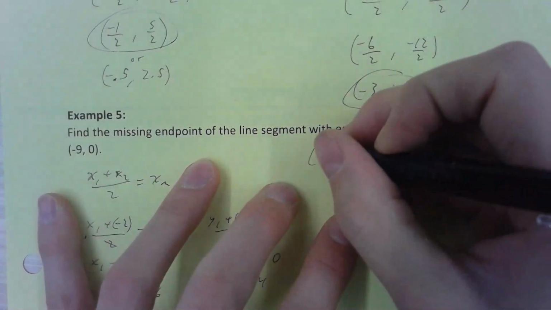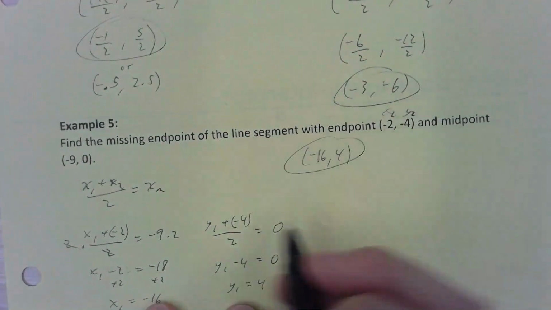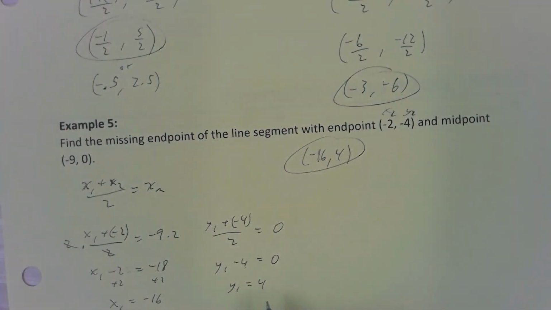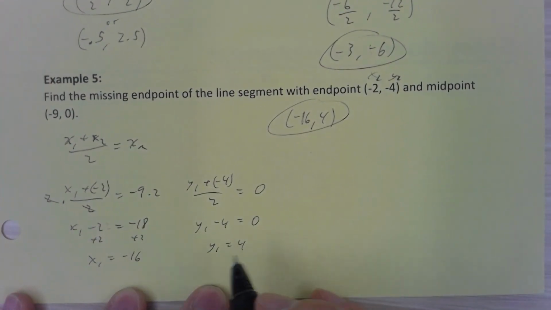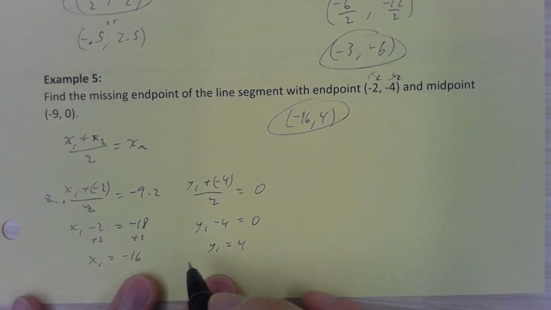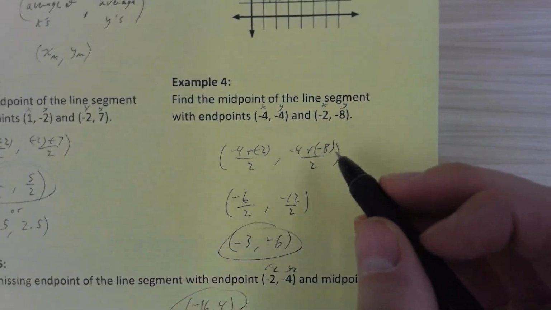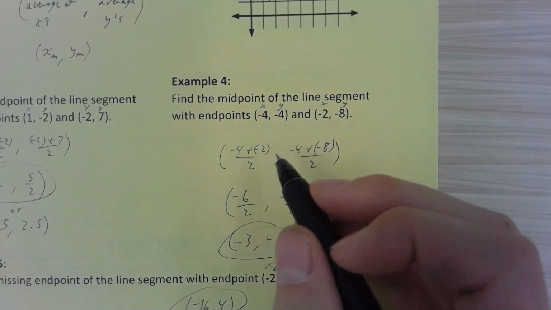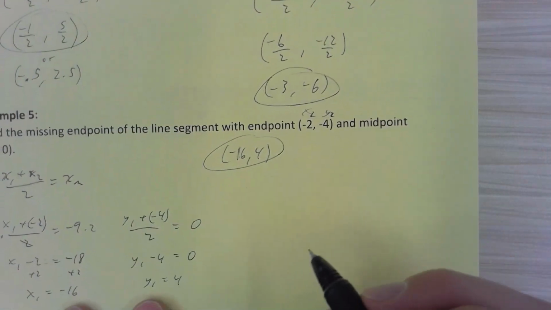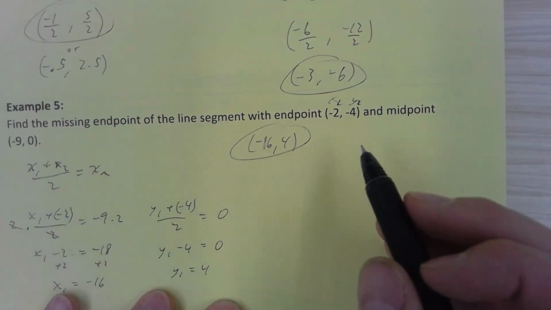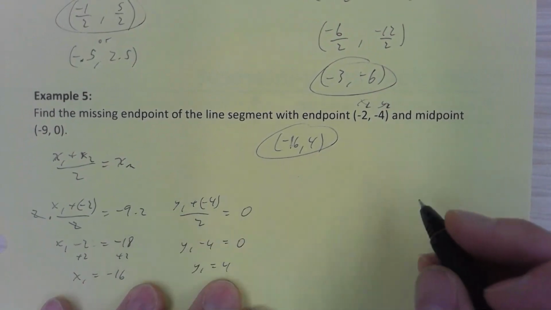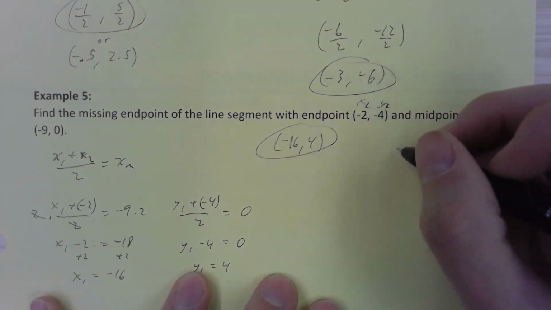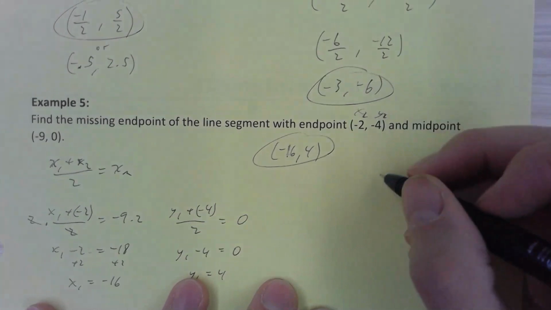Negative 16, 4. Now, I want to show you a quicker and easier way to think about this. We can use some mental math, like we did here. We can find the halfway point pretty easily if the numbers are nice. Finding the other endpoint is actually as simple as making a table.